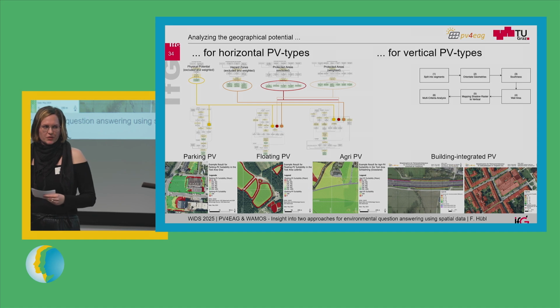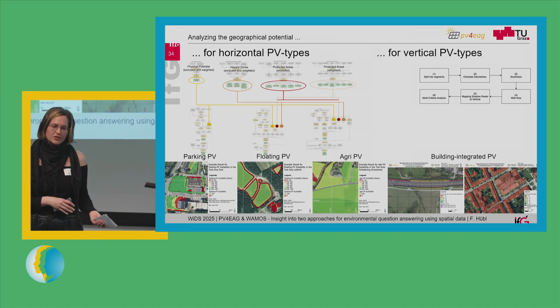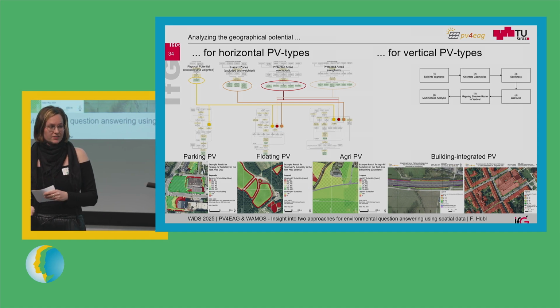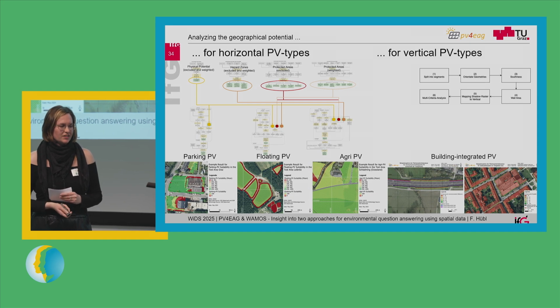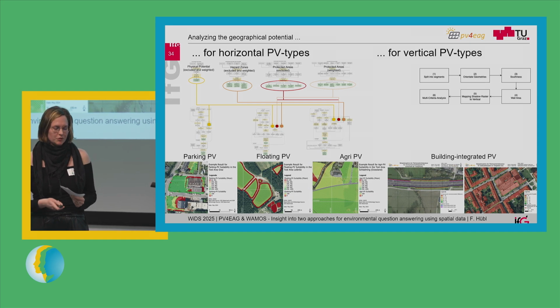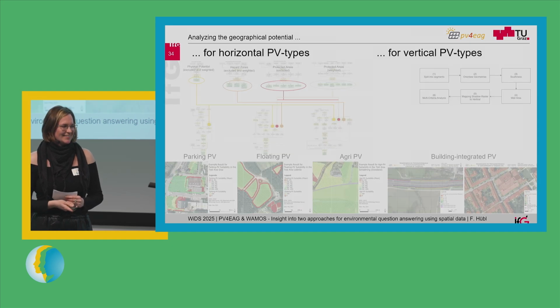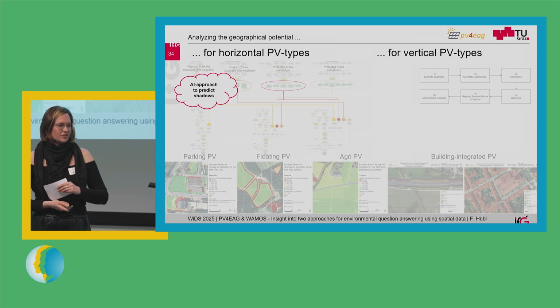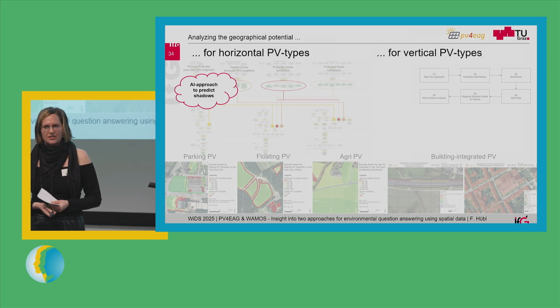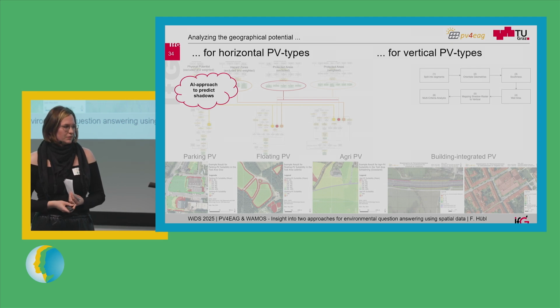We also separated the analysis into horizontal and vertical. When it comes to vertical PV, I will show you there is also something else to consider. In detail, I want to give you insight into an AI approach we did.